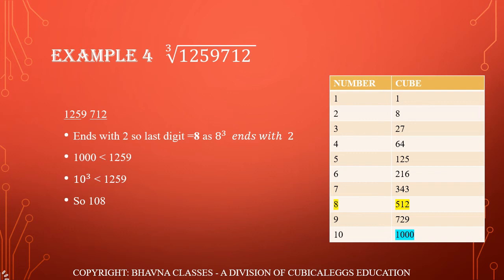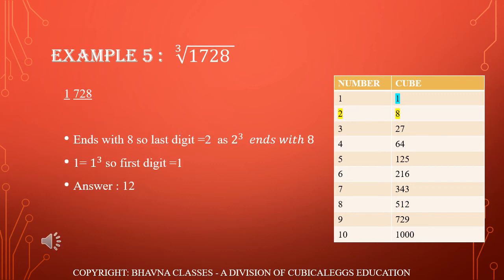For the other digits, I have to take 1259 together. Now 1000 is less than 1259. That means 10 cube is less than 1259. So I have to take a number whose cube is less than 1259, and that number will be 10. So 10 is my first two digits. So the final result is 108.